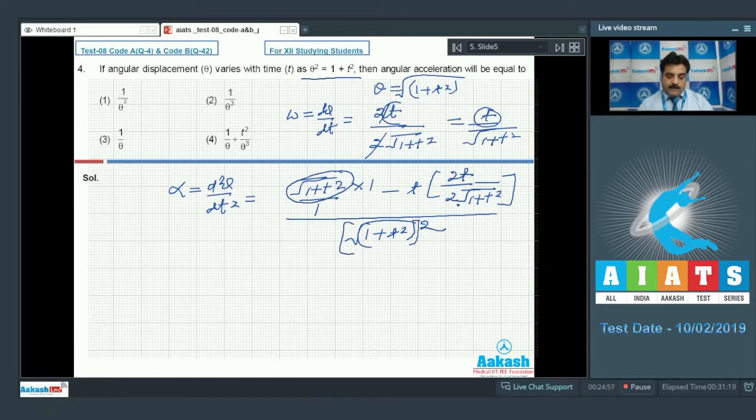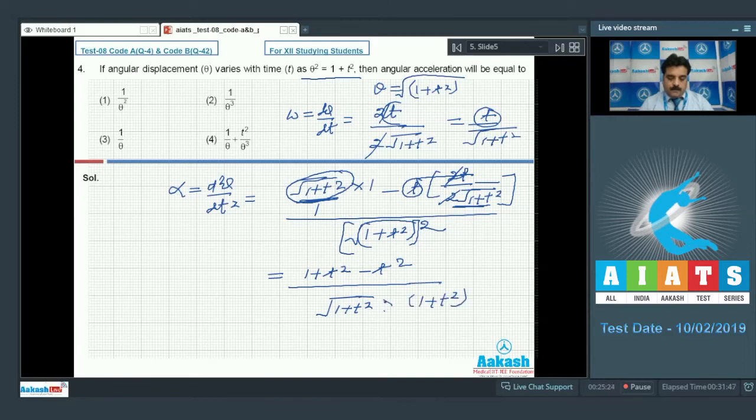Now I can take the LCM in the upper part. So when you take the LCM, this 2 will cancel, and root of 1 plus t square multiplied with this root of 1 plus t square, so we'll get only 1 plus t square. And when this t will multiply this, you will get minus t square. And finally, root of 1 plus t square into 1 plus t square.